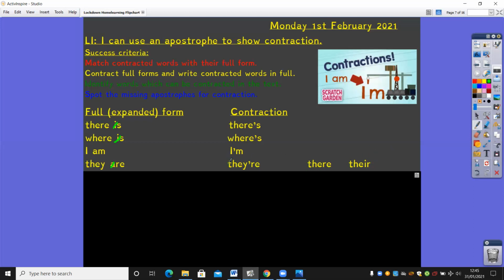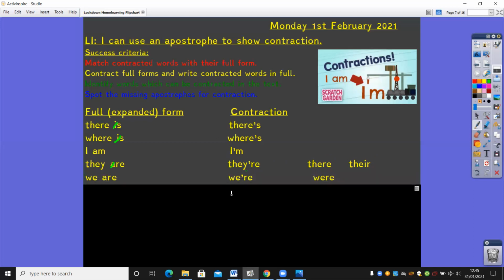It might be a good idea, children, if you can now pause and write a sentence for each of these homophones, just to make sure that you understand their meaning. And when you're ready, we can carry on our learning on the use of apostrophe to show contraction.